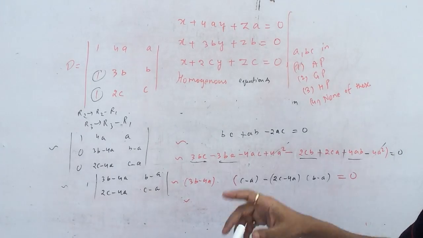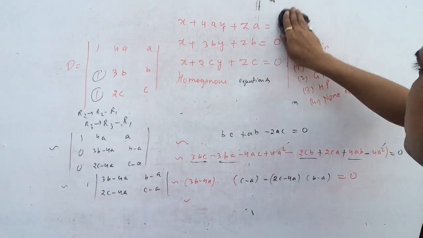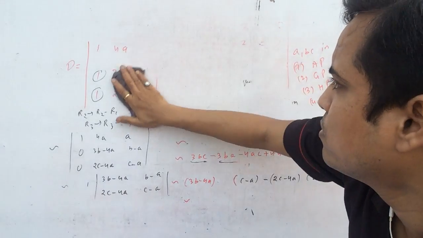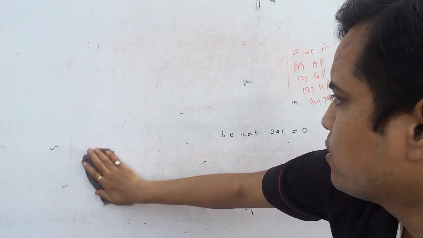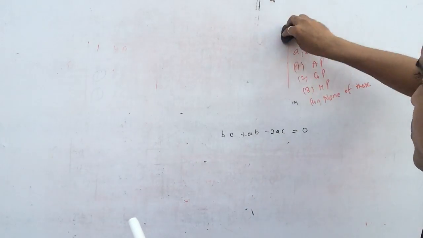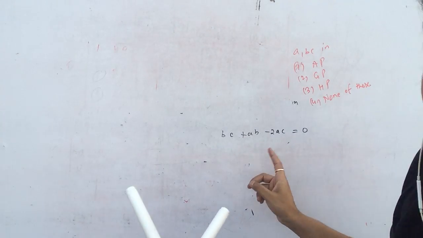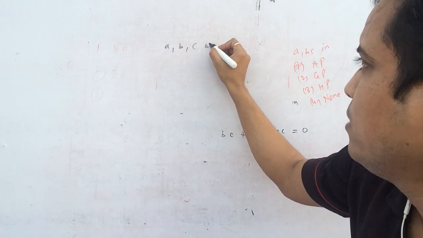Now we have to check whether it is AP, HP or GP. Now we can remove these and focus only on this equation. Suppose a, b, c are in AP.